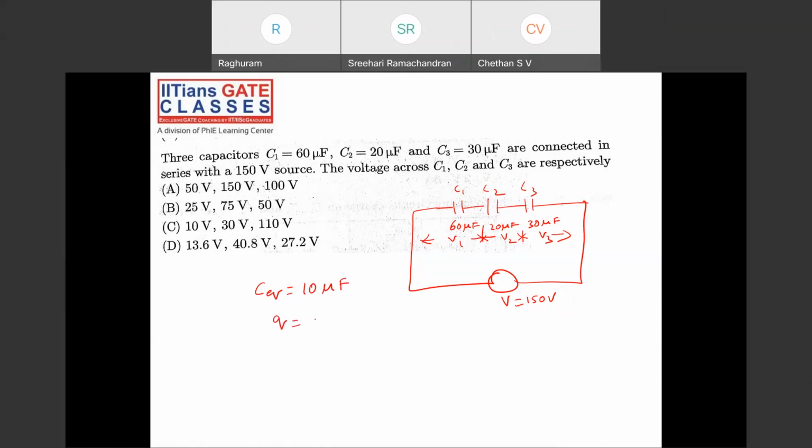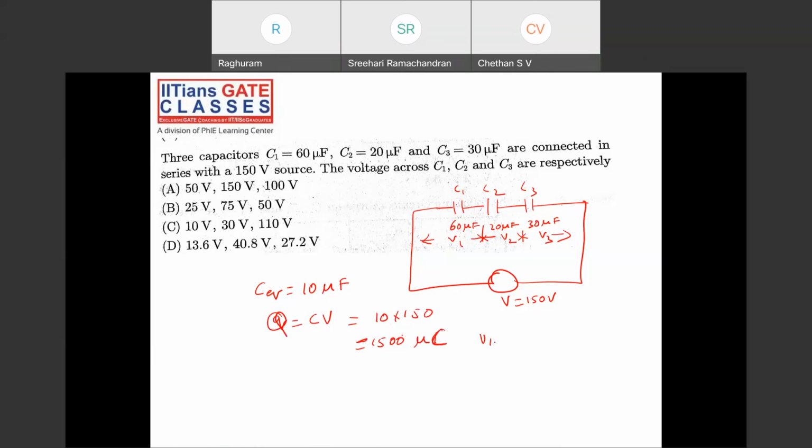What is Q? Q is equal to CV, which is 10 into 150, which is 1500 microcoulombs. As I told you, in series, what is the same? Charge is the same. Q is the same in series.